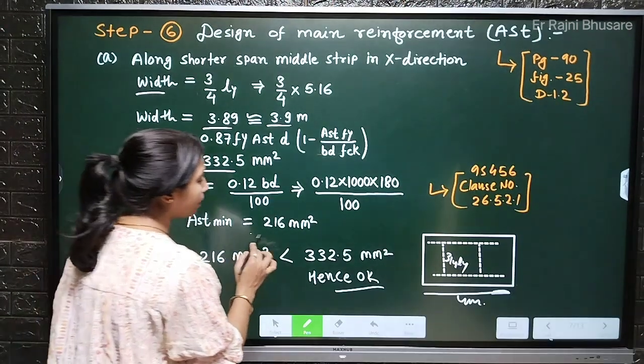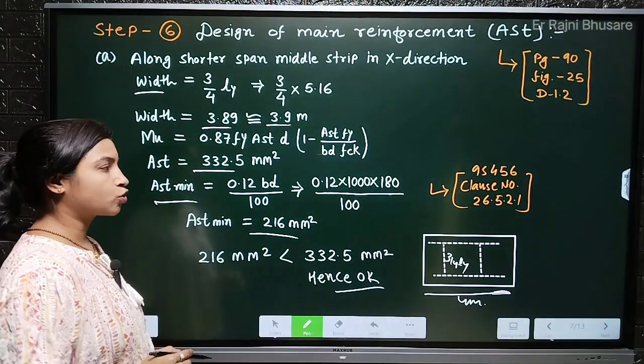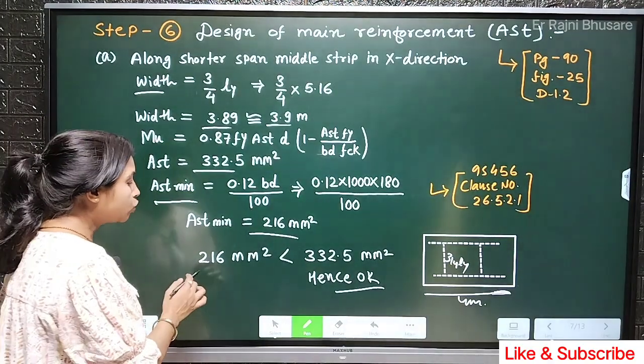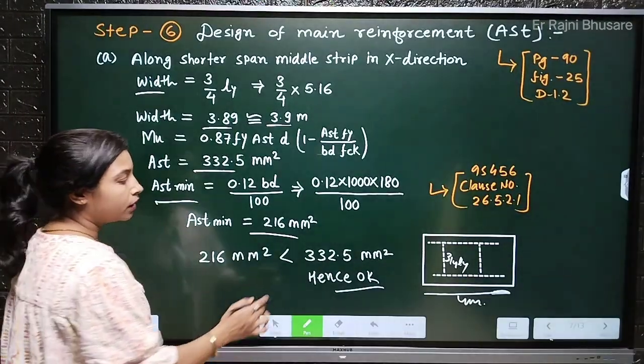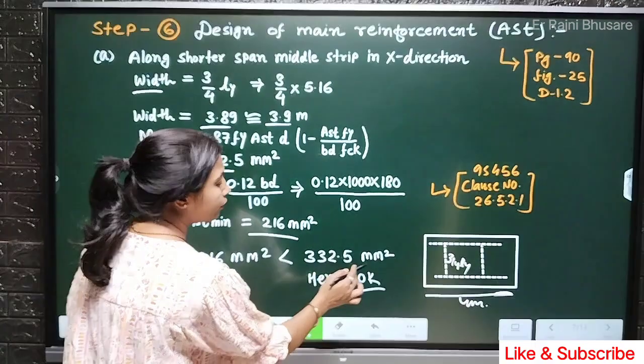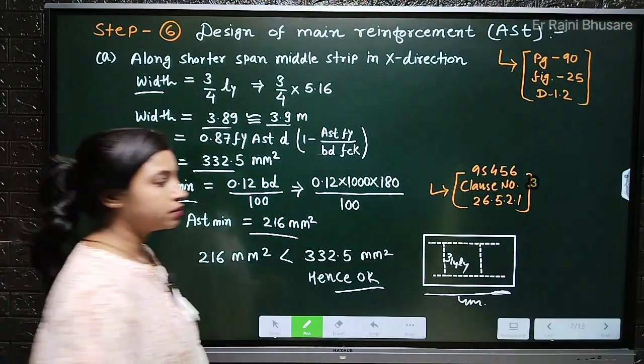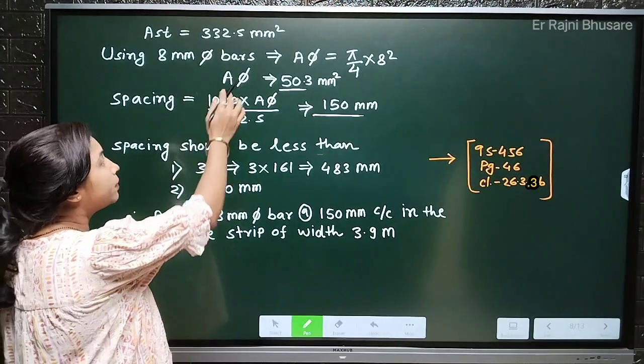So our Ast minimum is 216 mm squared. Is that clear? And after that, 216 mm squared is less than 332.5 mm squared. So hence OK.